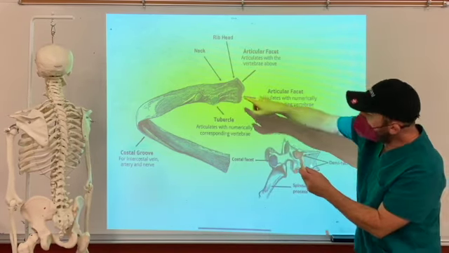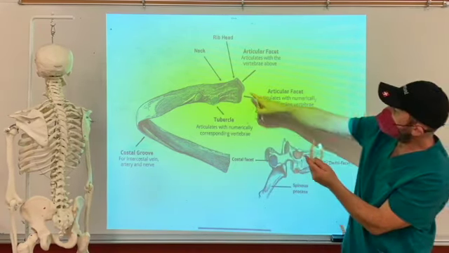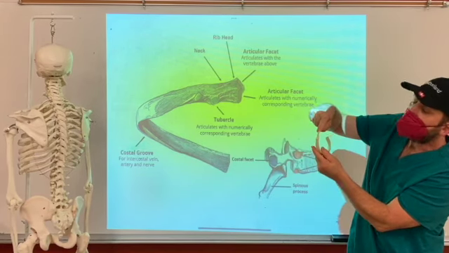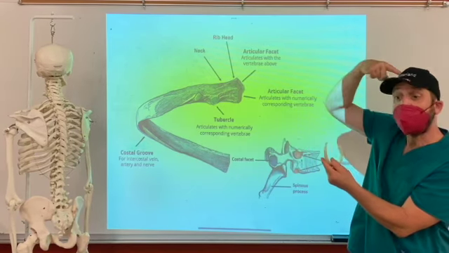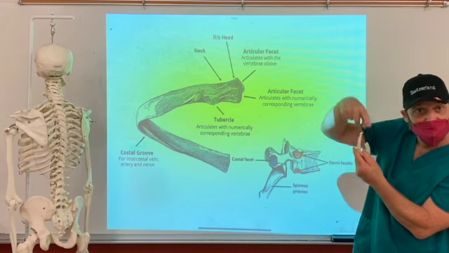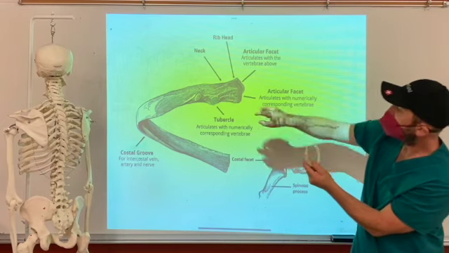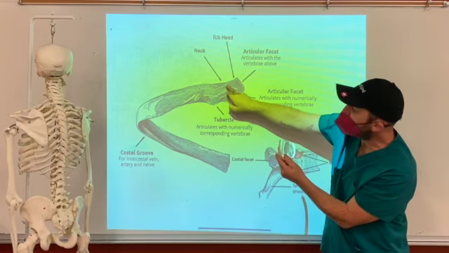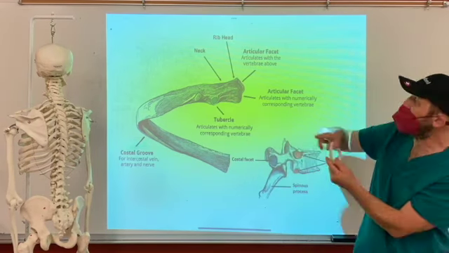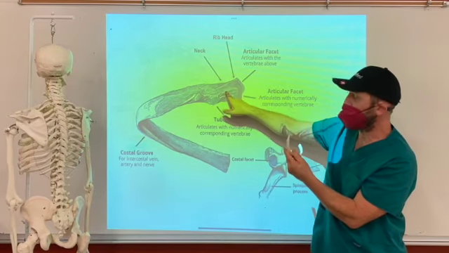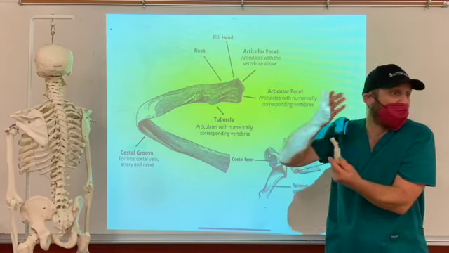And when you look at the bumps on these ribs, you have one right at the end. They call that the head. Like a head, very often, resemblance. And then you've got a narrowing. It's hard to see here, but that's a little narrower. And that's called the neck. Neck of the rib.